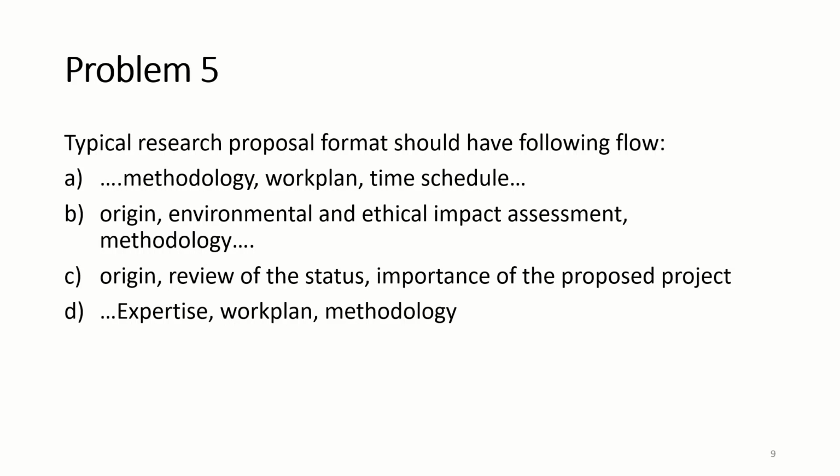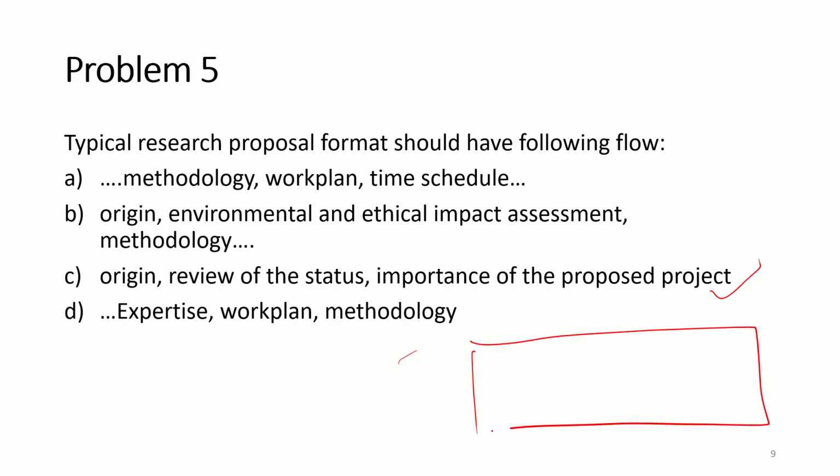The flow is like this: we start from the origin of the proposal, then the review of status both international and national, the importance of the project, then the work plan, the methodology, and the time chart.